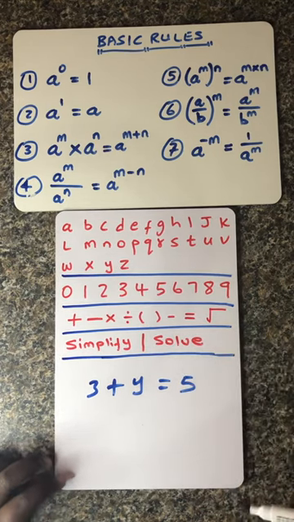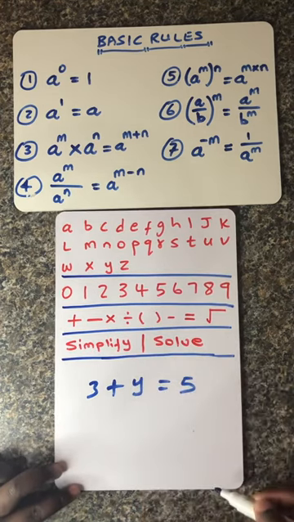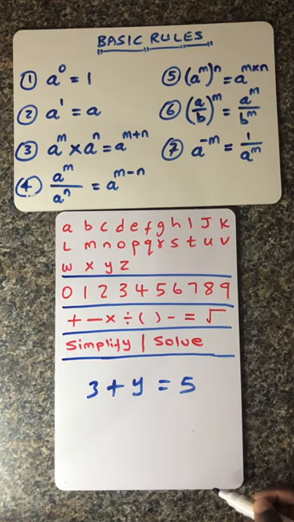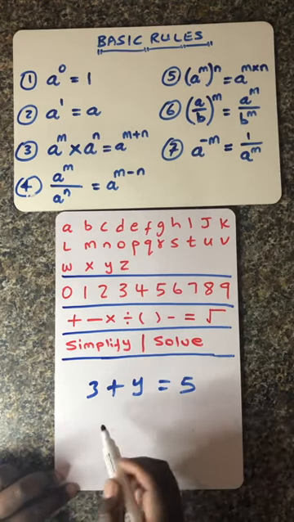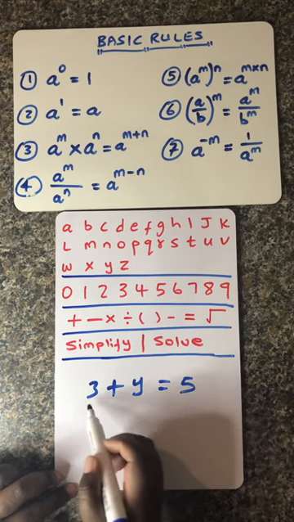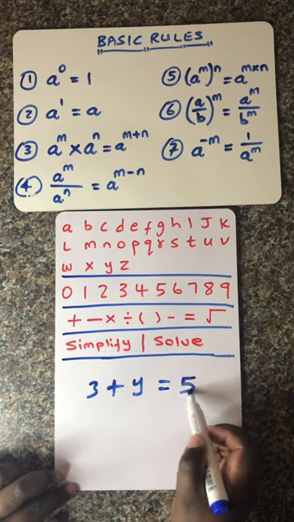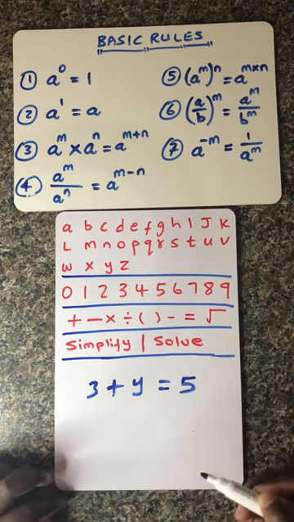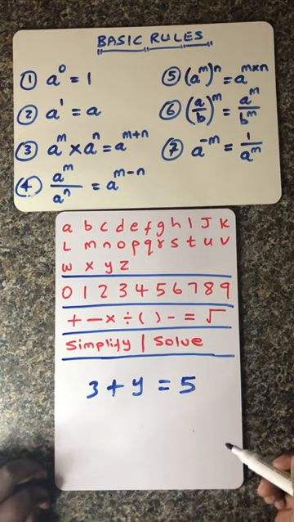What are we solving? You solve for the unknown, which is y in this case. So guys, this is an equation where they are asking you what number, when you add it with 3, will be equals to 5. So before you start solving any equation, guys, just try to make sure that you understand what is expected of you.